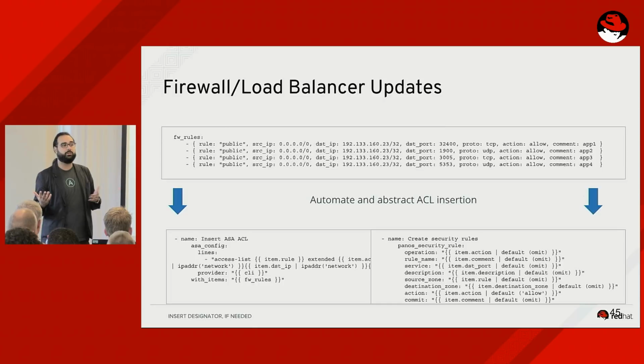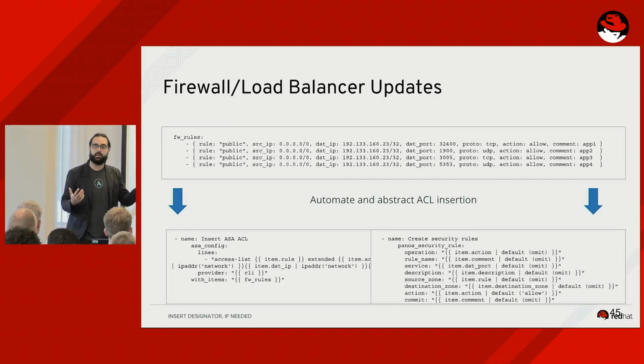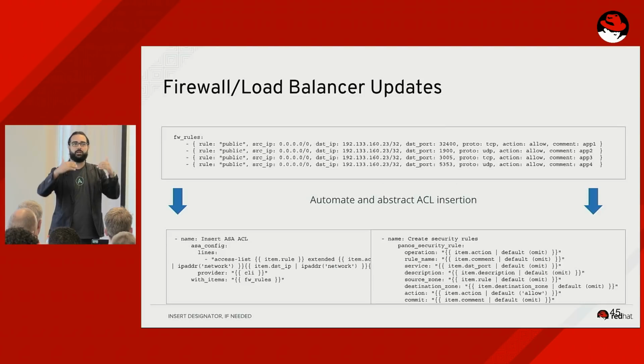All the application owner cares about is, can my application connect to the database, and can I ensure that anyone external will not be able to connect to my database? That's what I care about as an application guy. As a network guy, what I care about is, should I enable or not my IPS, my IDS, and so on.